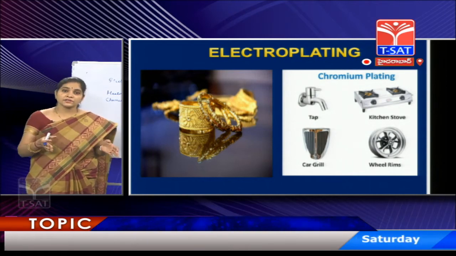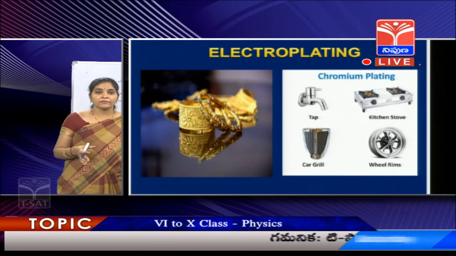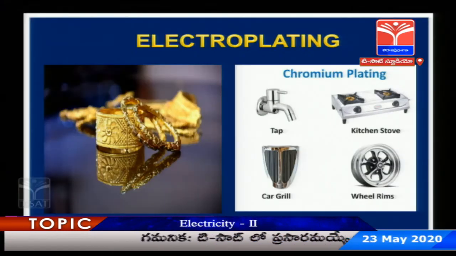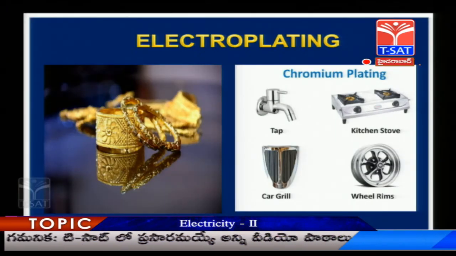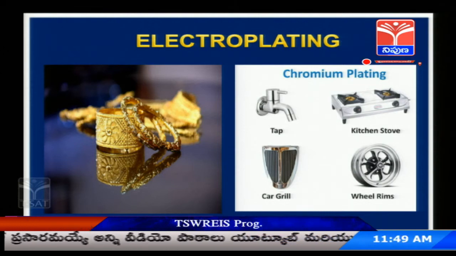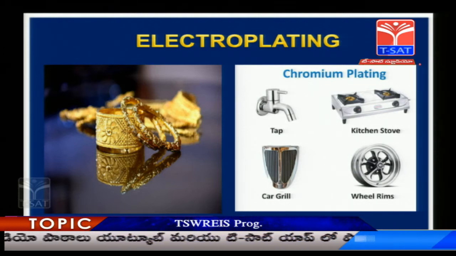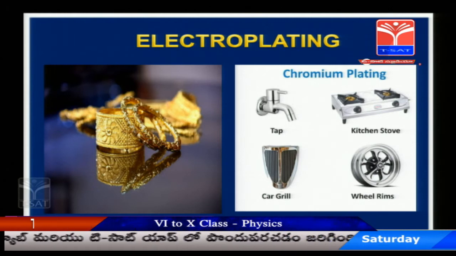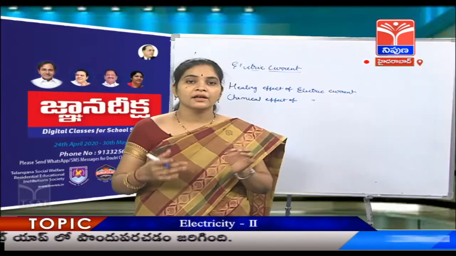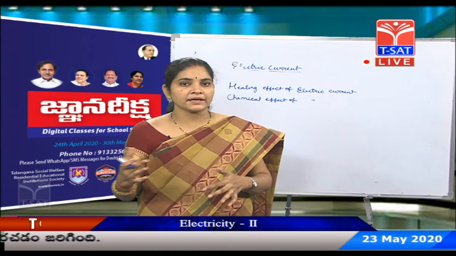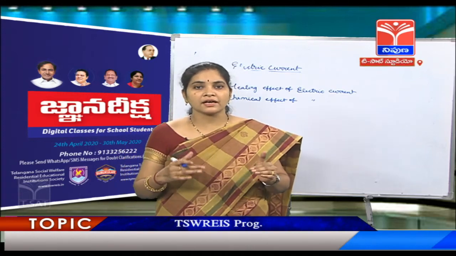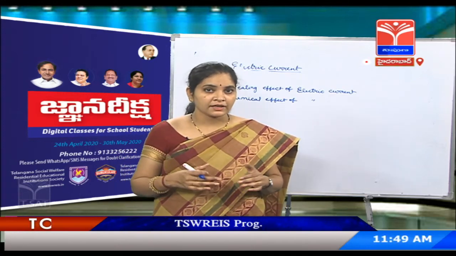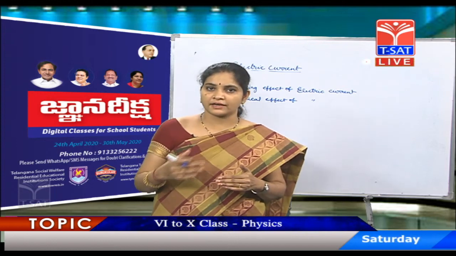The iron which is used in the construction of bridges and multi-story buildings is coated with zinc. A fine layer of metal coated on another metal by passing electricity into the solution is known as electroplating. Now, these are some of the applications of the chemical effect of electric current.